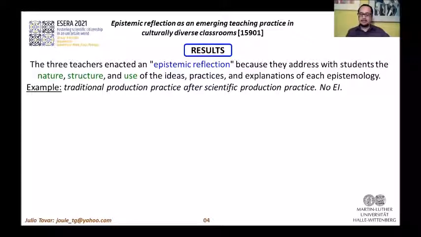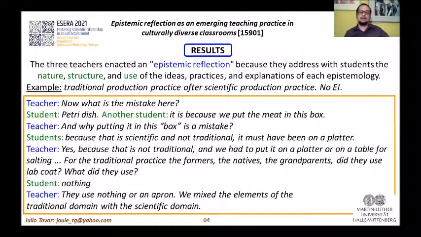After finishing the scientific practice, the students used the same material and staff to develop the traditional practice. The teacher identified that the students mixed the epistemic domains, and during the next lesson, she did an explicit reflection on this. Here, I want to show you a part of the conversation between the teacher and the students.